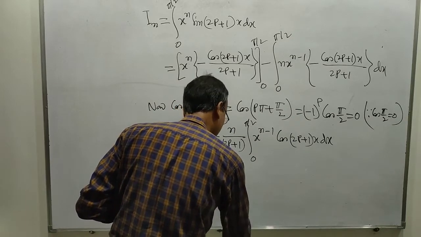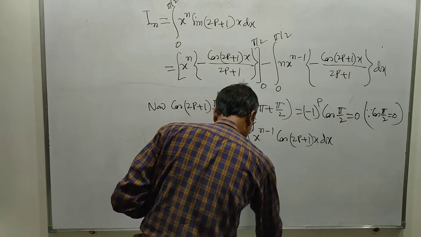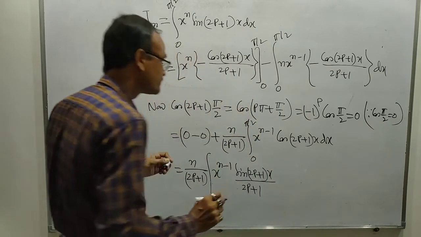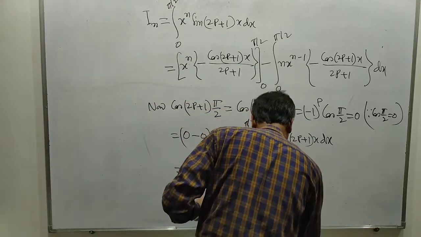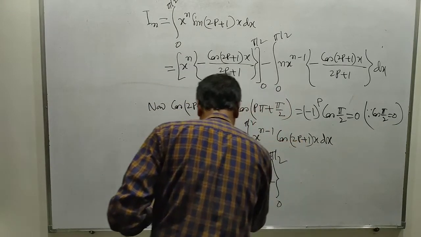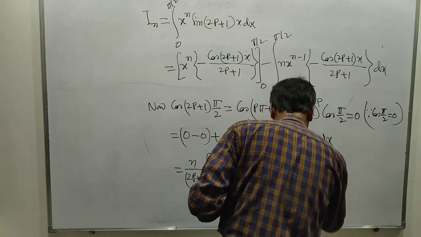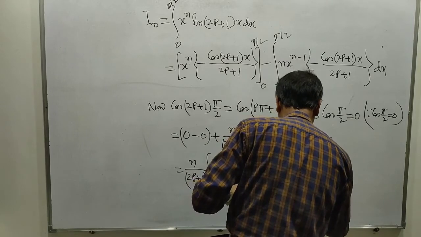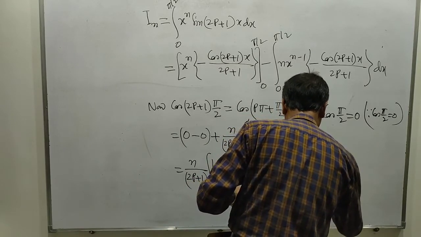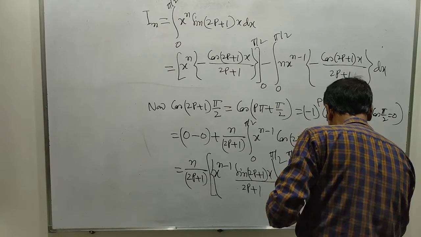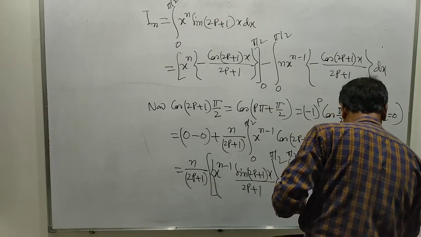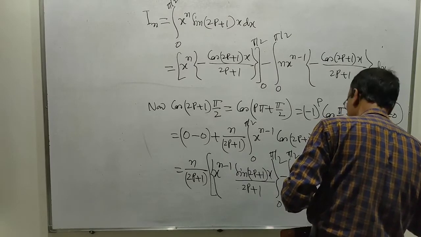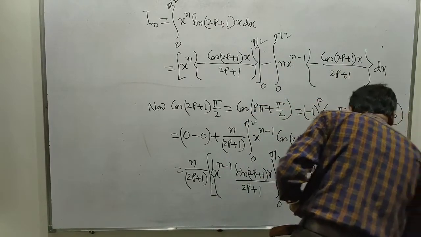First function x to the power n minus 1, sine twice p plus 1x divided by twice p plus 1, from 0 to pi by 2, minus integration 0 to pi by 2, the differentiation of this, n minus 1 x to the power n minus 2, sine twice p plus 1x divided by twice p plus 1, dx. Bracket should be here.